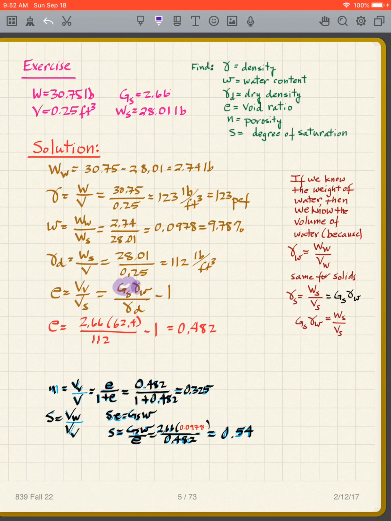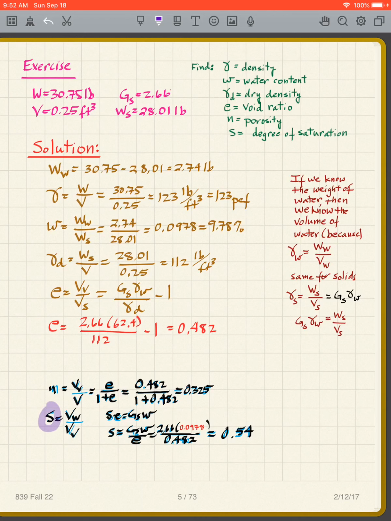So we know all of these terms, we plug them in, and we get 0.482 for the void ratio. And then I can use the porosity is e over 1 plus e, which I just gave you. Plug that in, I get 0.325.